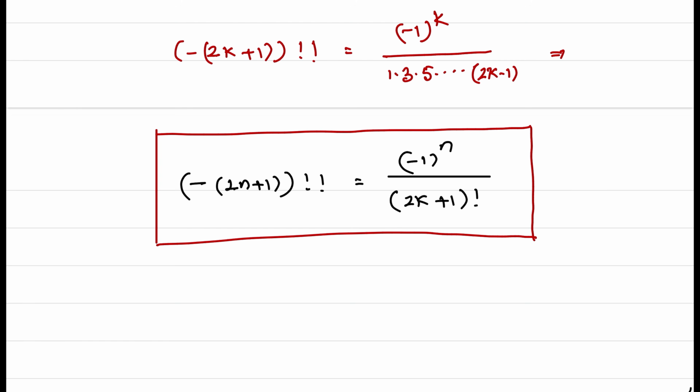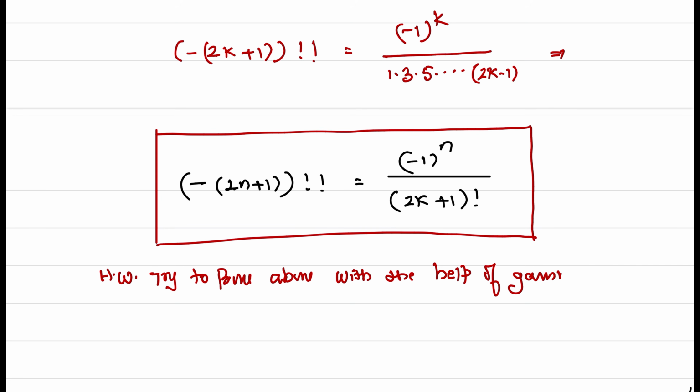You take it as homework. Try to prove the above with the help of the gamma function, which I have explained in my previous 2 classes.